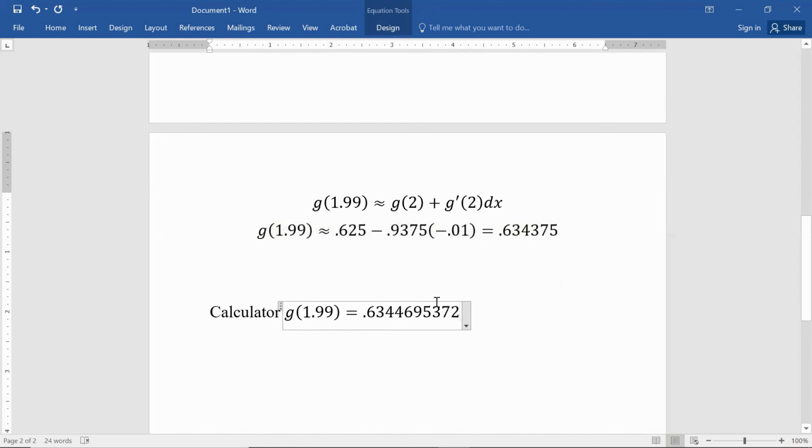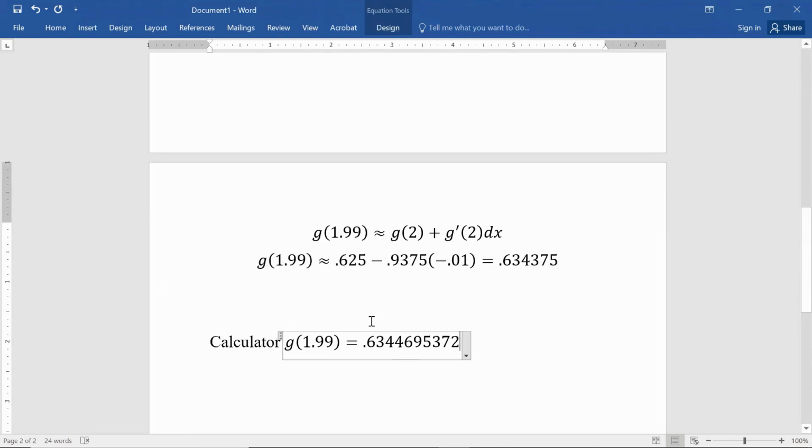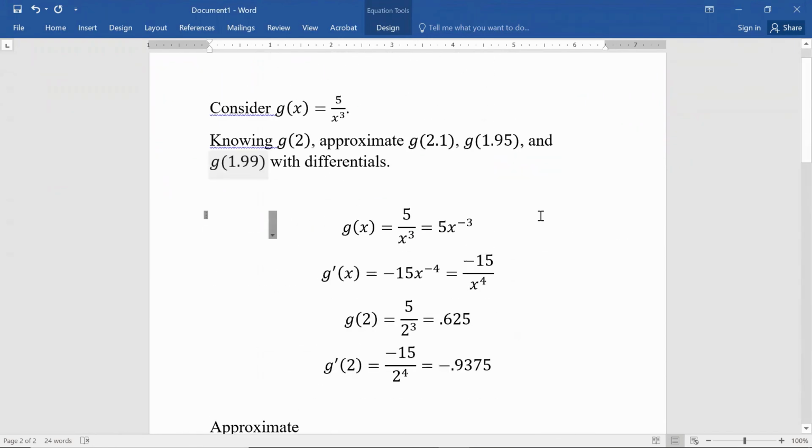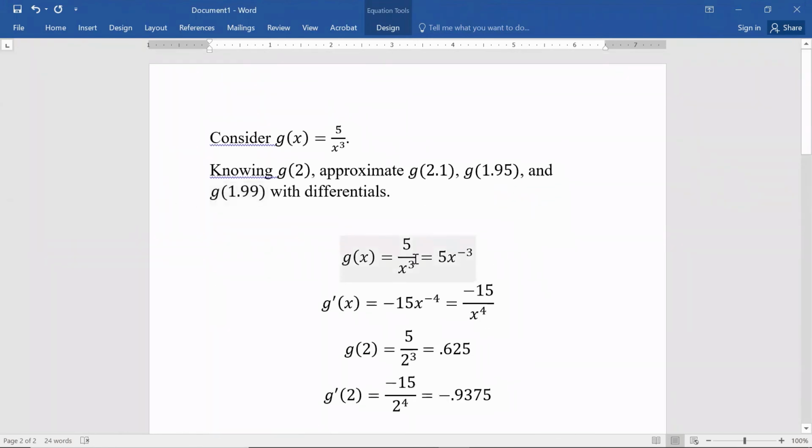You can see in this section that the differentials often give you very close numbers to what the actual function values are. And again, in a situation where I don't have a calculator handy that can take 1.99 to the third power or sine of 0.01, this becomes a really good tool.